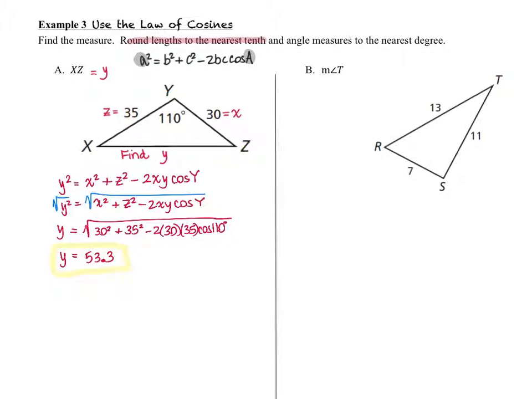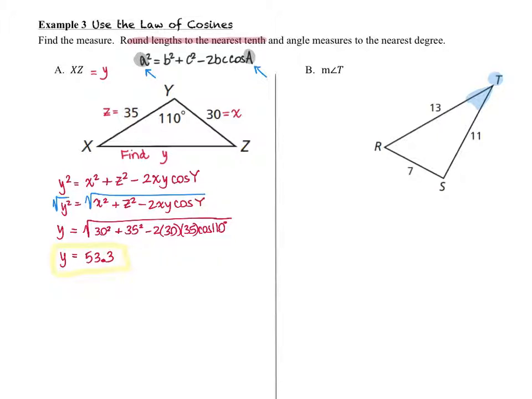Now let's take a look and see what it looks like when we're trying to find a missing angle with question B. We want to find the measure of angle T, this angle right here. Because we want to find the measure of angle T, that means that T needs to appear on both outside ends of our law of cosines equation.